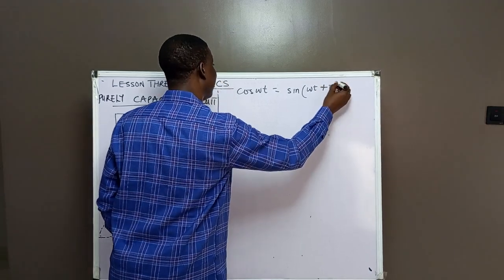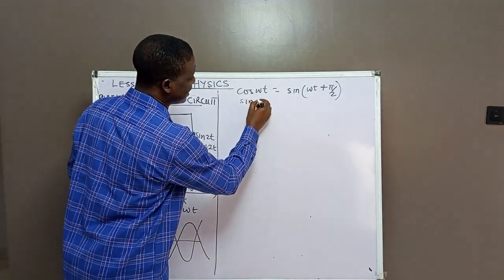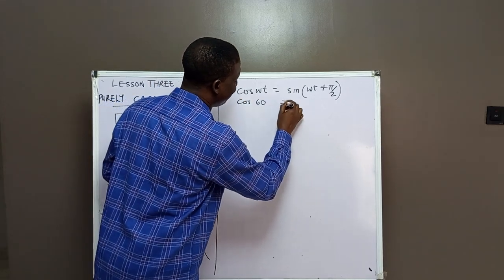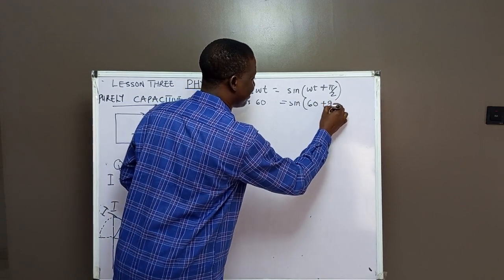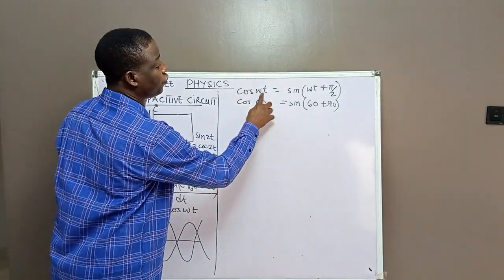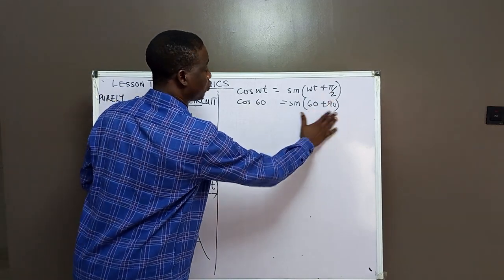Pi over 2 is also called 90 degrees. What we are trying to say is that cos 60 degrees is the same thing as sine 150, which is 60 plus 90. So at the end of the day, 60 is your wt, and 90 degrees is pi over 2.